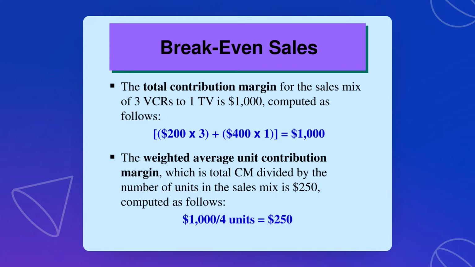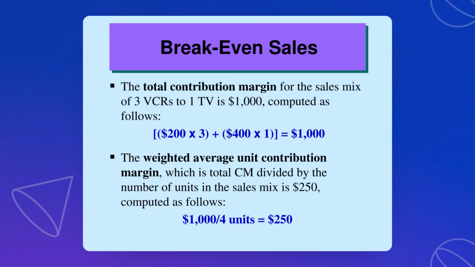Okay, but we will compute for our weighted average unit contribution margin, in which the total CM is divided by the number of units in your sales mix. How do we do that? We already computed 1,000. 3 to 1 means 3 plus 1 is 4.